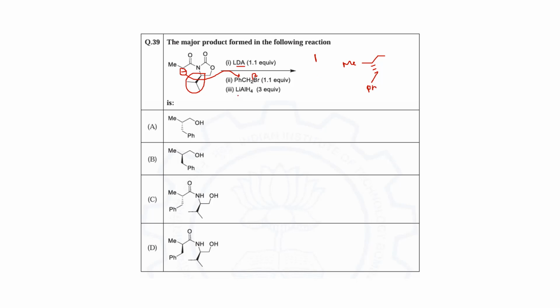Now they have added LiAlH4. LiAlH4 will reduce this amide to alcohol. So the correct option will be option A. Okay.